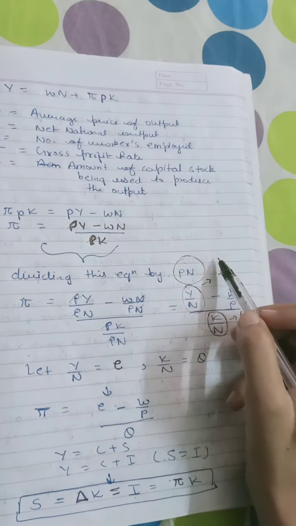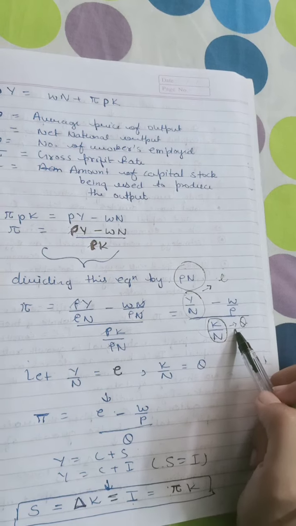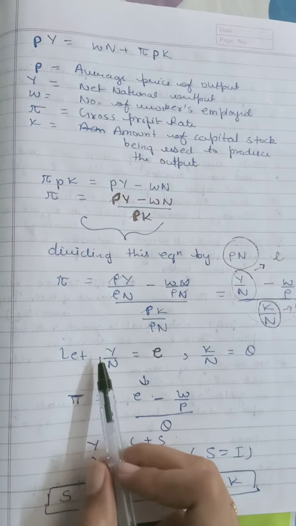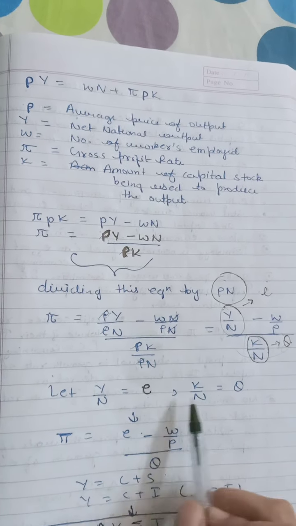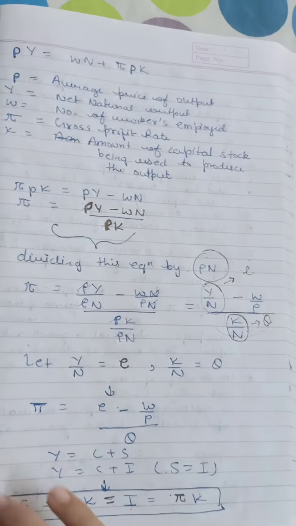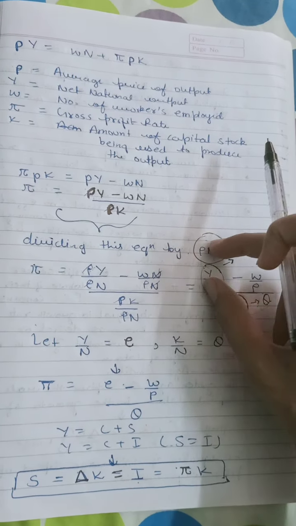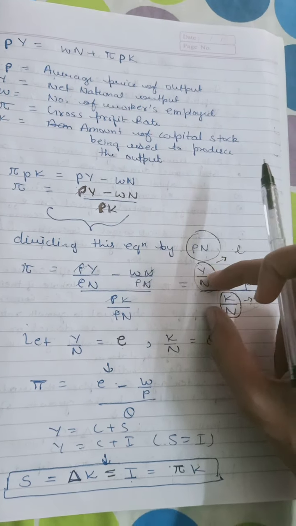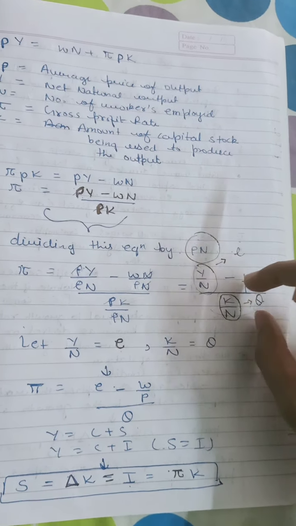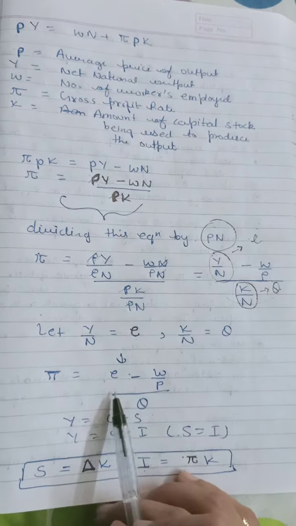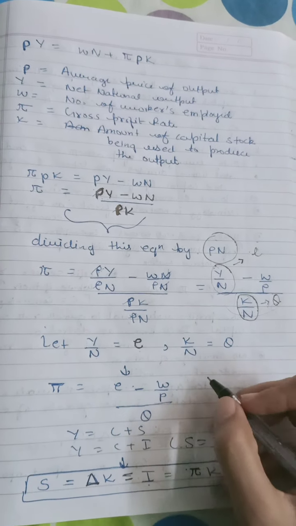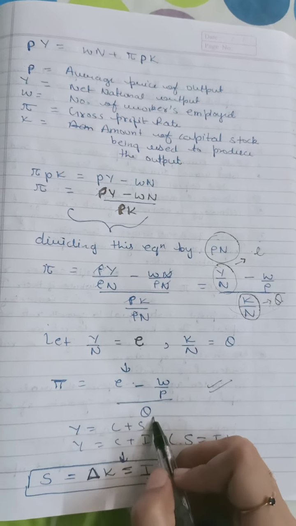Okay, we'll just signify these two expressions by this notation. So let's take this one and this. Now after reaching this equation, you simply put these Y by N and K by N by these notations, just substitute them, then you'll reach this one. Your profit will be equal to this.